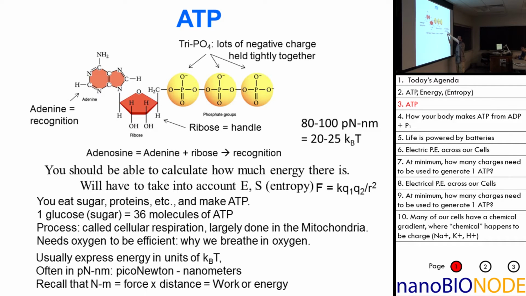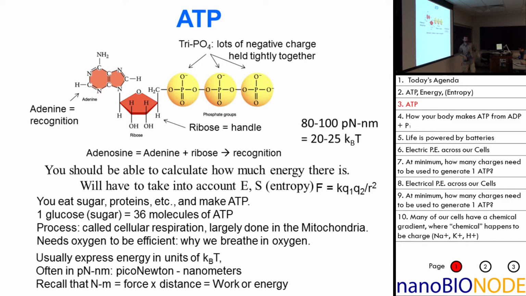In fact, there's about 4 piconewton nanometers per kT. So that's 80 to 100 piconewton nanometers released, taking into account both the electrostatic and the entropic contributions. That's actually a really useful number. So this is force times the distance.